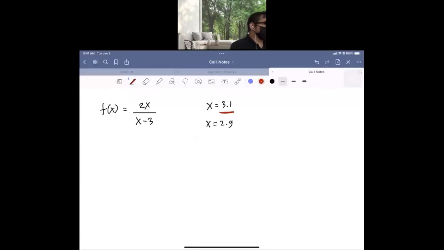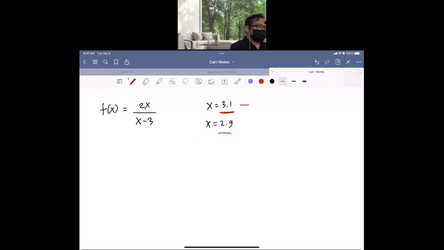Or if you feel confused how this happened, perhaps we can check the numbers, maybe easy numbers that can be followed, and then check this 2.9 and 3.1, okay?